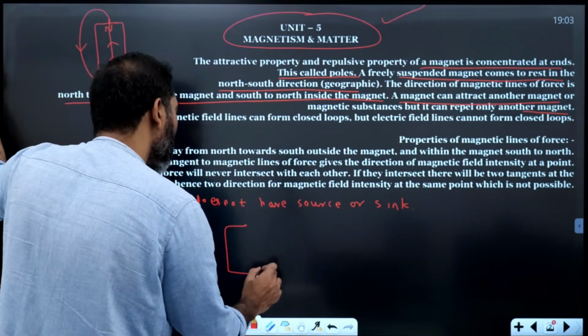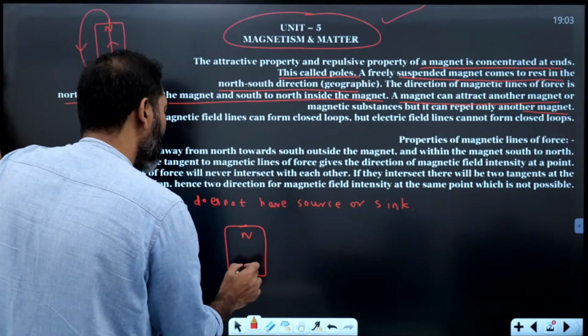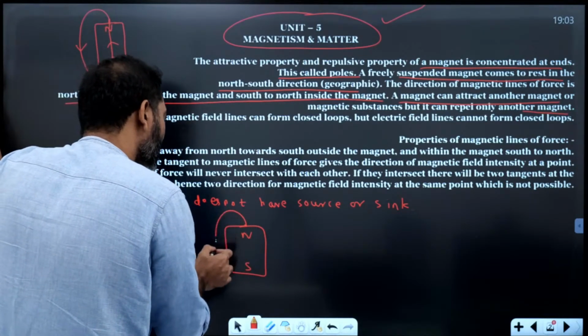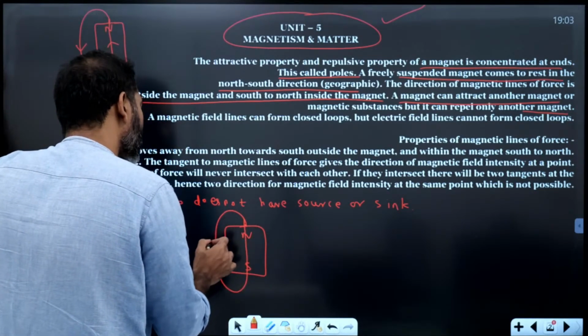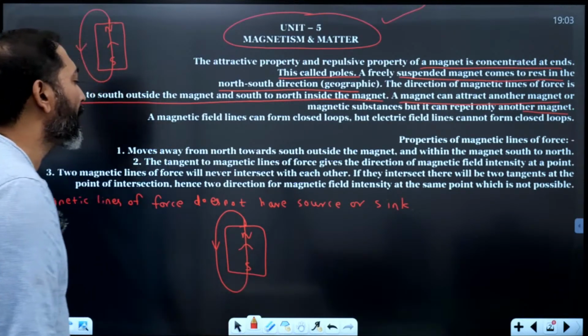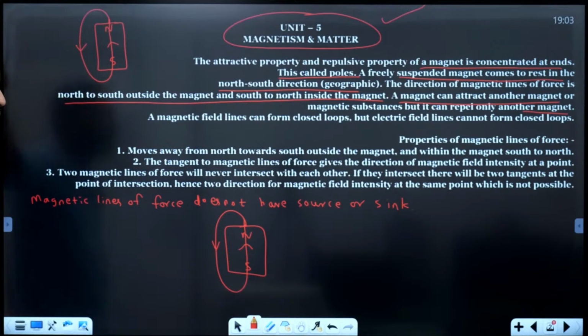They are continuous closed loops. So the direction is north to south outside the magnet and within the magnet south to north. That is the reason why we say they don't have a source or sink.